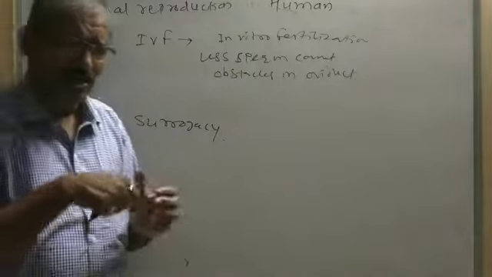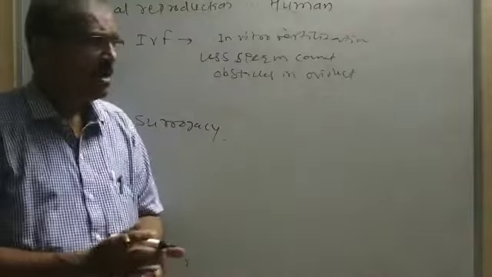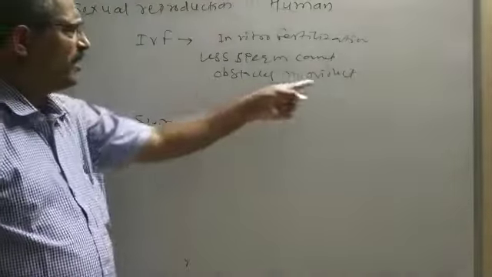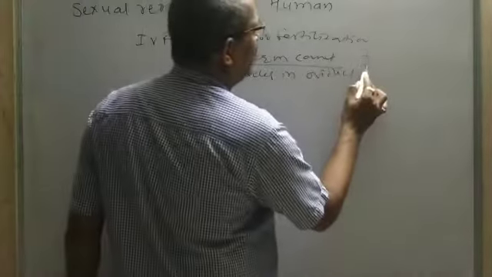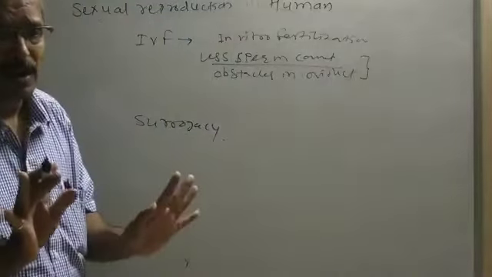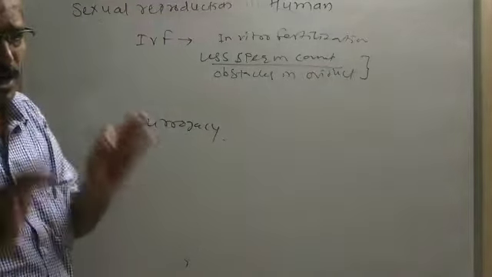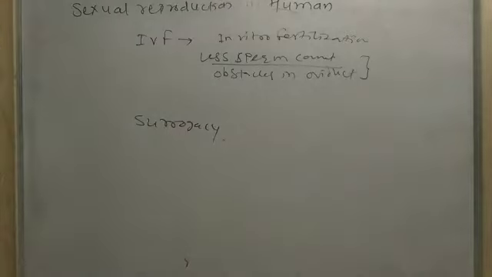If the oocyte does not come into the uterus, then what is the use of sperm cells? Therefore, when there are obstacles in the oviduct or when there is a low sperm count, then in such conditions that couple is unable to give birth to young ones, as no fertilization is possible.